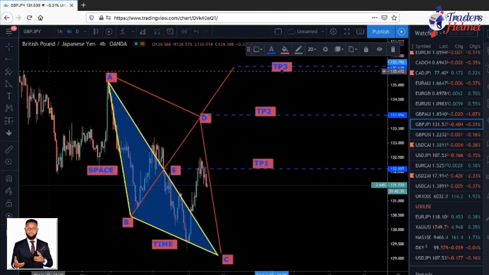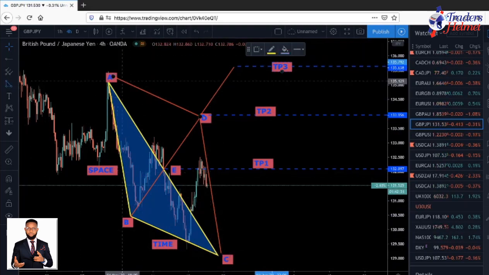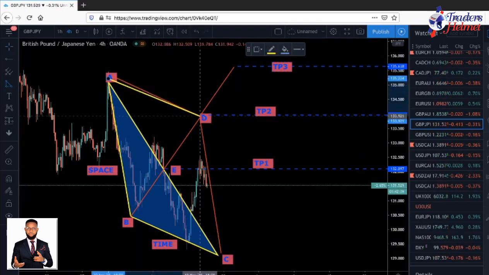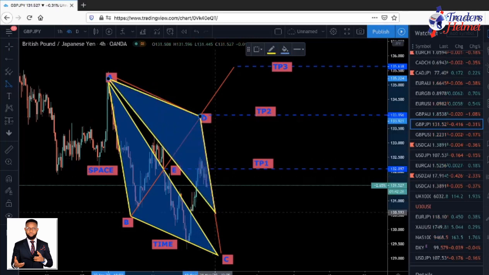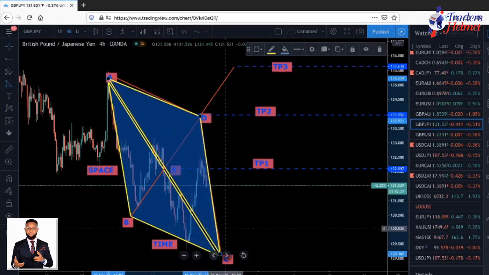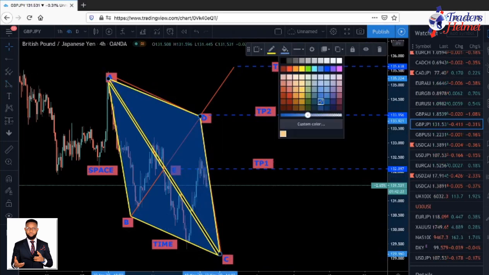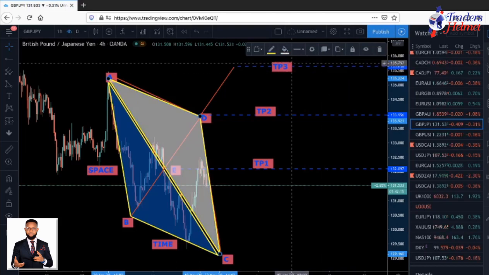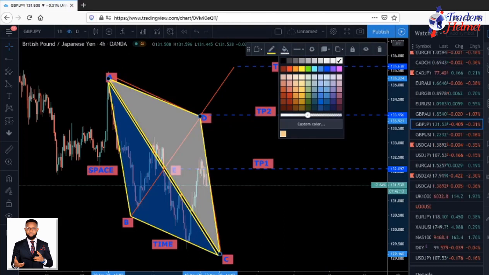Let me shade this out right now. That's the second triangle. I'm shading the second triangle. Let me give it a different color.